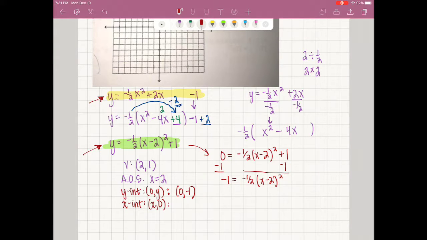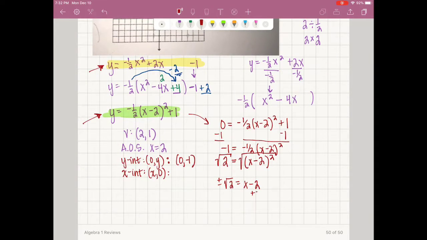I'm going to multiply both sides by -2. And then I'm going to square root both sides. And when I square root both sides, I get a plus or minus. I add 2 to both sides, and we get x equals 2 plus or minus the square root of 2.